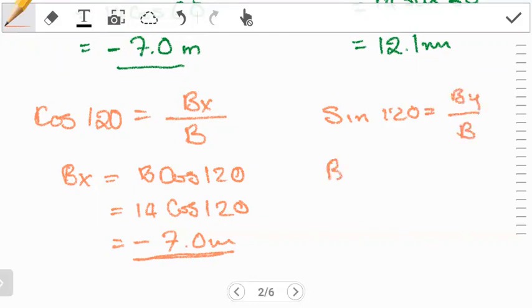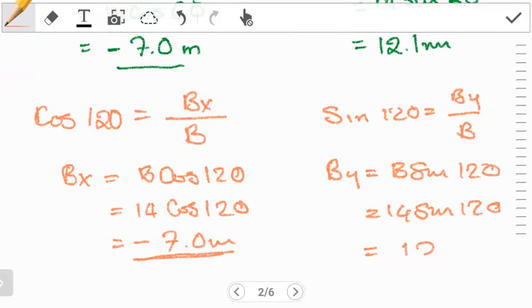So again, by cross multiplying, B is 14, so we substitute. So again, we see that it gives us the 12.1 meters. It doesn't put a negative because here there's no negative. Okay, so this is the second method that you can use to work out the same problem.